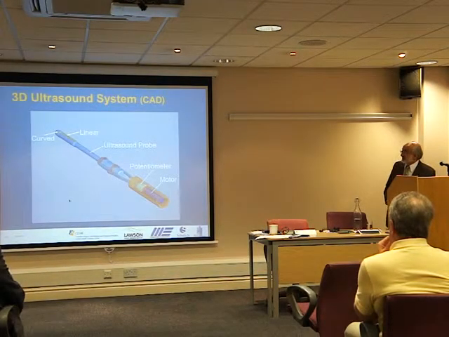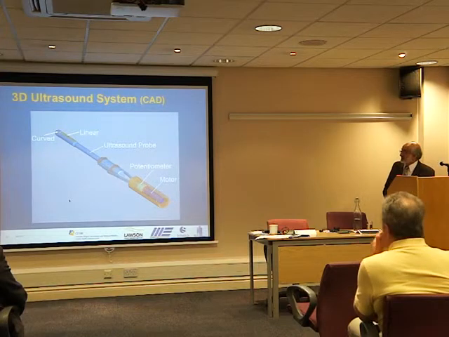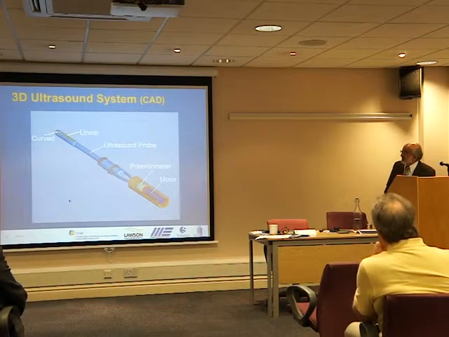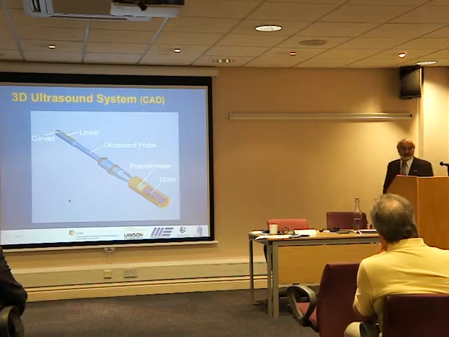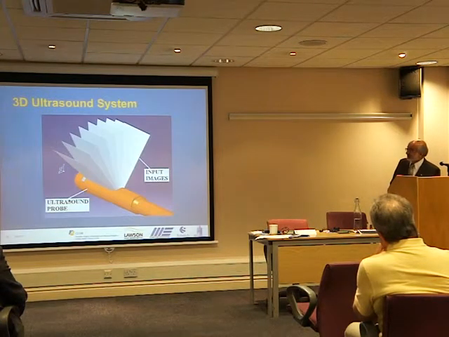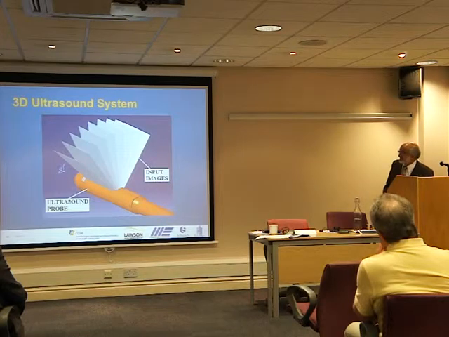Now for the imaging side, we need a rectal probe, and this is the probe that we use. The probe is mounted on a motor, and the way that we generated 3D images was to get 2D slices and then compose them into a 3D image. This is a model of how this was done.